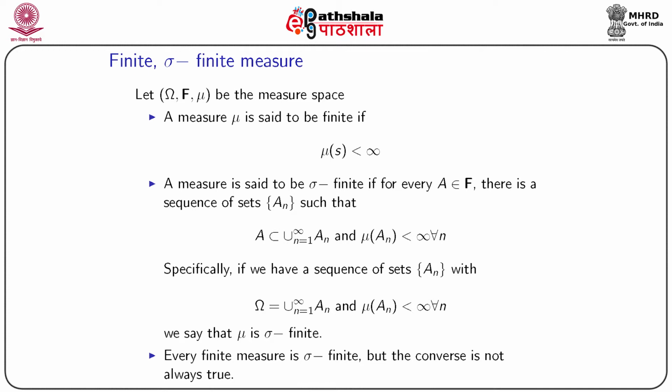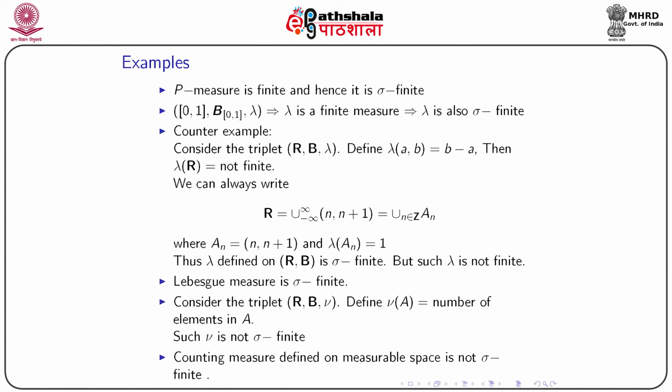We should not mix this up with the concept that we have got in case of sigma field. We know that if it's a sigma field, it must be a field, but not all fields are sigma field. Here, if it is sigma finite, then we are not very sure that whether every time it will be finite or not. We will give one counter example.